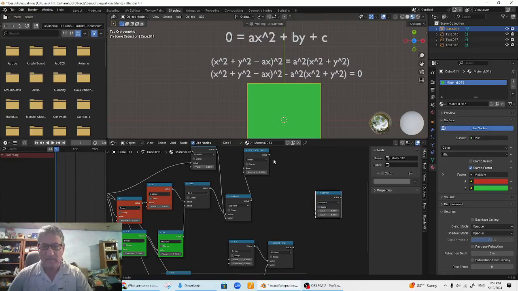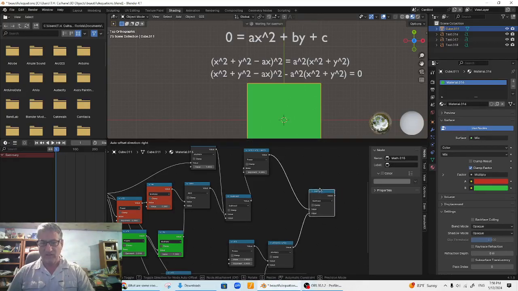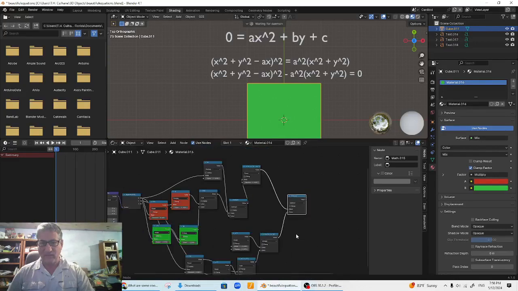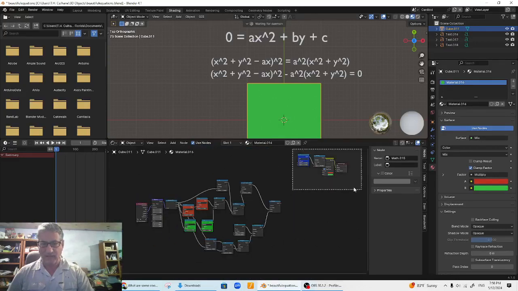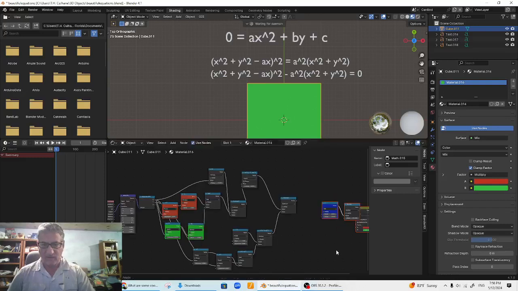I will take this value, x squared plus y squared minus ax, everything squared, and put that into the top value, and I'll take the a squared times x squared plus y squared and bring that into here. So that is being subtracted from that, and that equals 0. Then we'll put that in with the value of C, which is going to be 0.